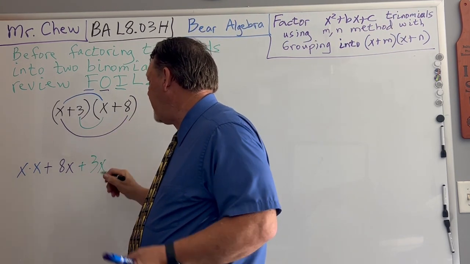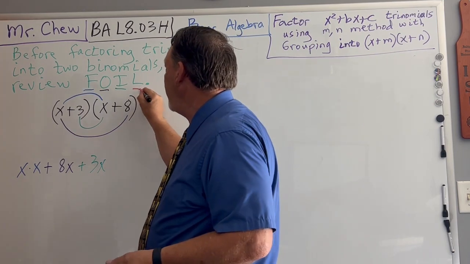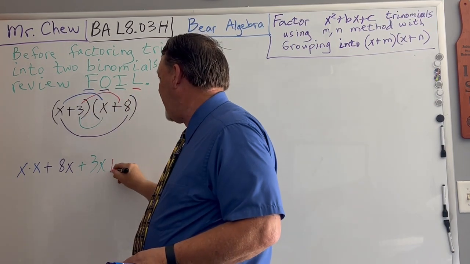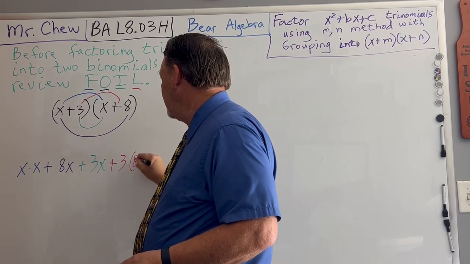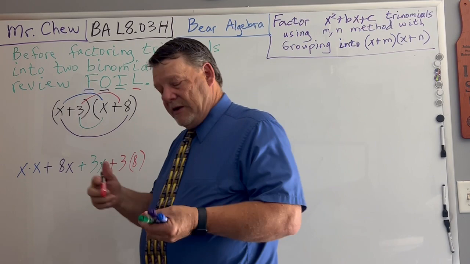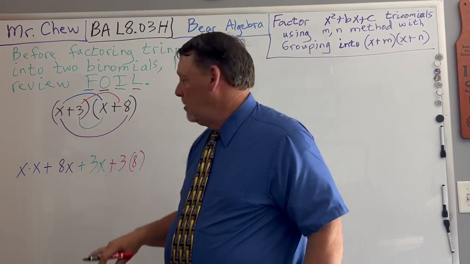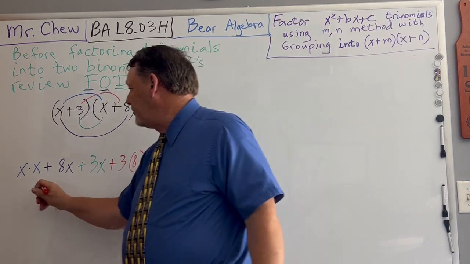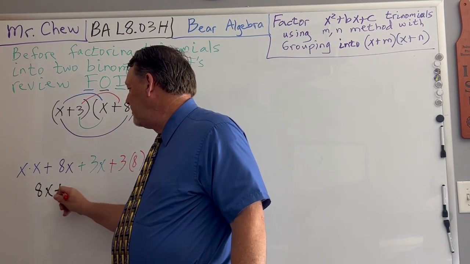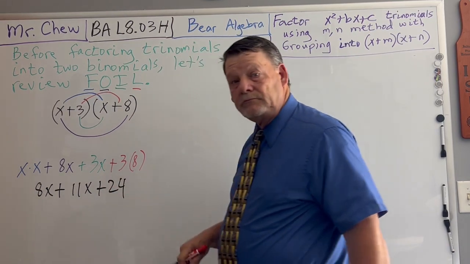That's 3 times x. And then my L stands for last. Then we always tell everybody, you need to combine like terms. So it ends up being x squared plus 11x plus 24.